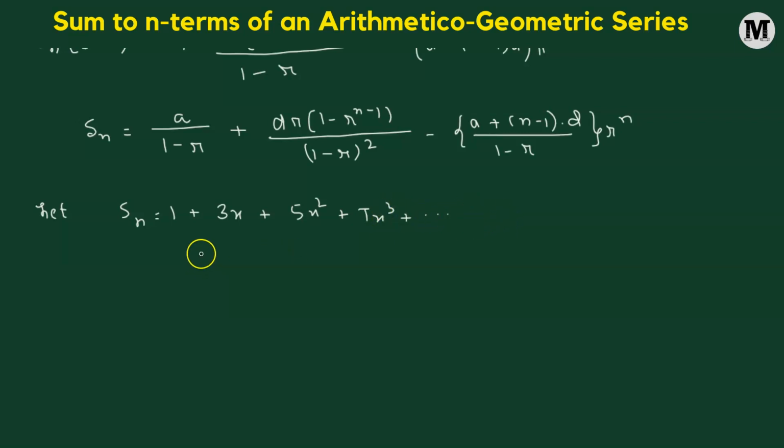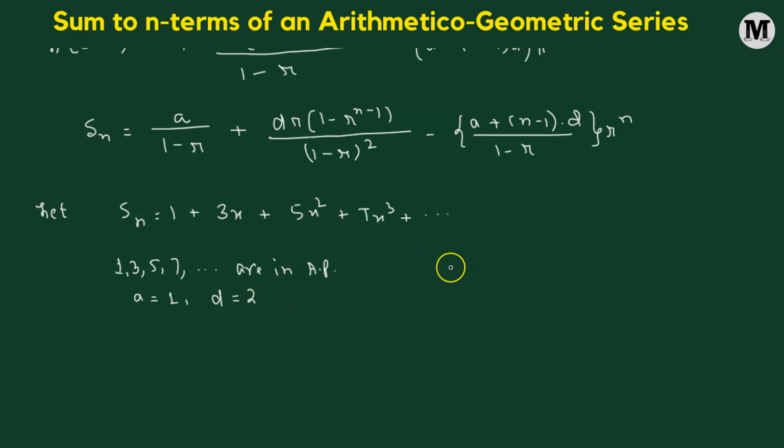Let's try to find the sum. This particular sum consists of an arithmetic sequence as well as a geometric sequence. The arithmetic sequence will be 1, 3, 5, 7. All we've done is consider the constant terms. These terms are in arithmetic progression, which means the first term a is 1 and the common difference d is equal to 2.